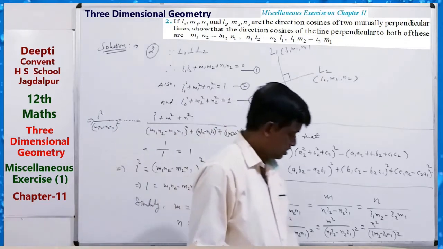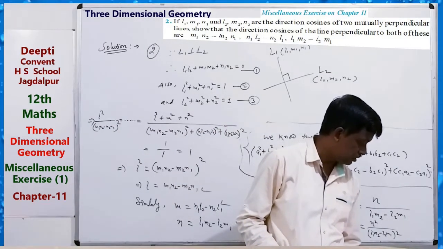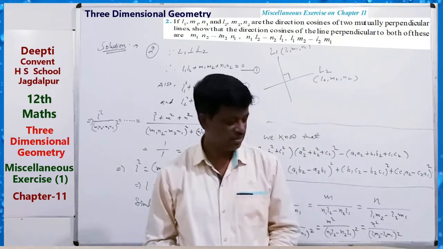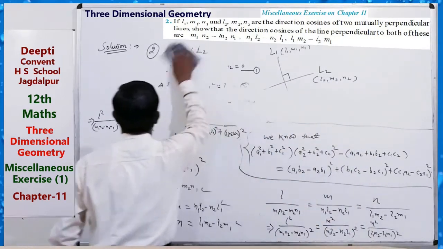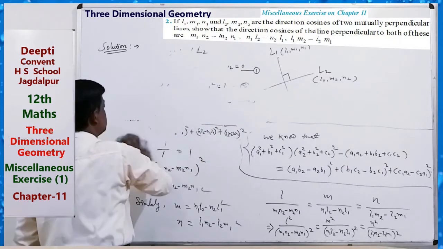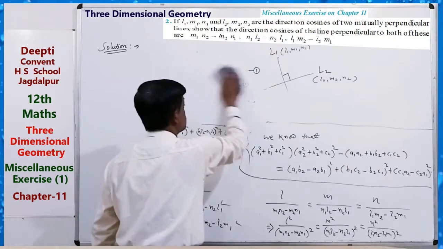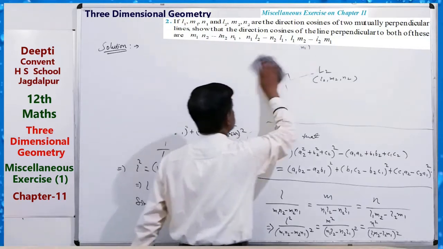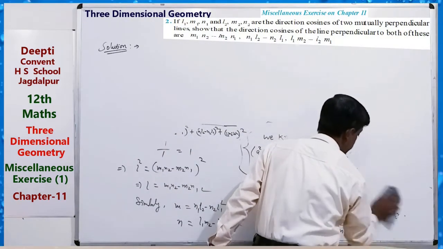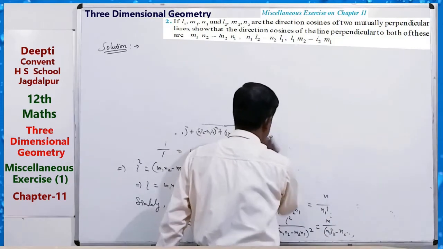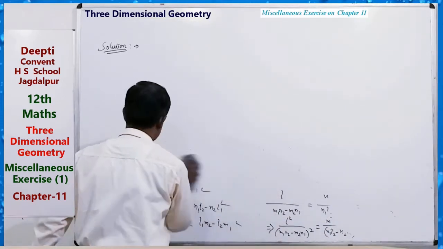So this is question 2. Now question 3, I will discuss in short, so that I can cover the maximum questions. You have to solve all the questions in detail in your copy, because all the questions from the miscellaneous exercise are important for your exam.